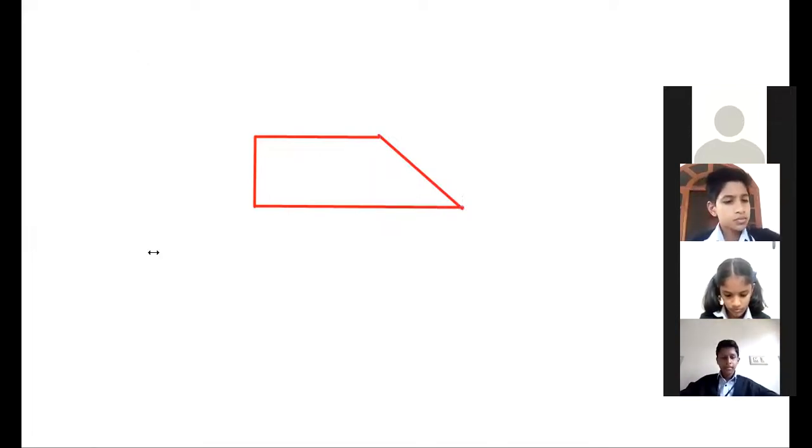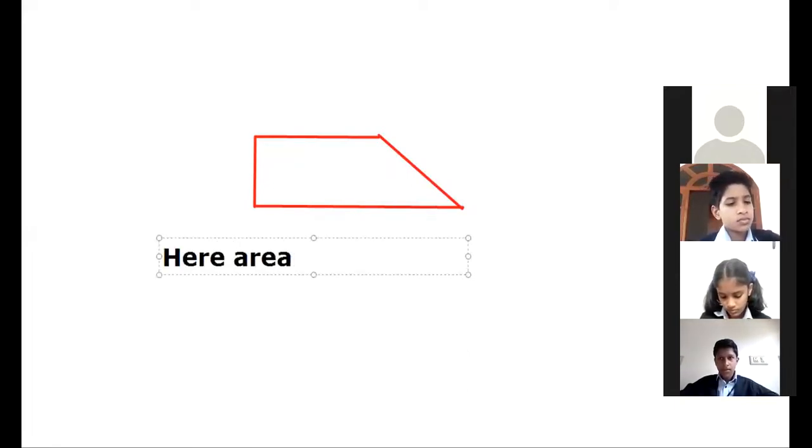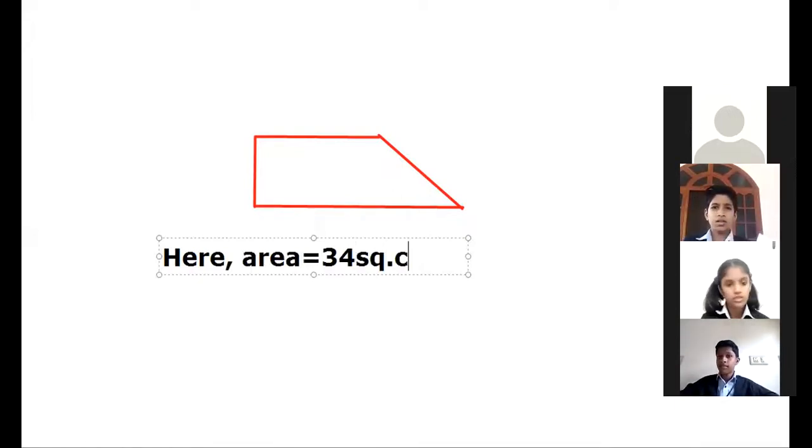So you have to write here, area is equal to 34 square centimeter, which is given in the question. And second, the length of one of the parallel sides is 10 centimeter.